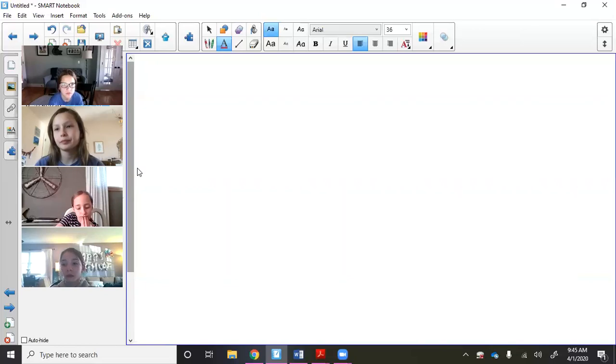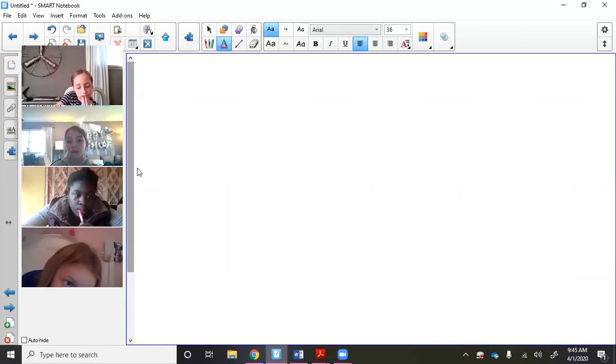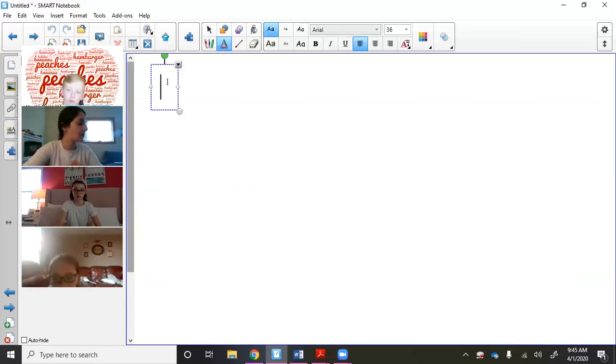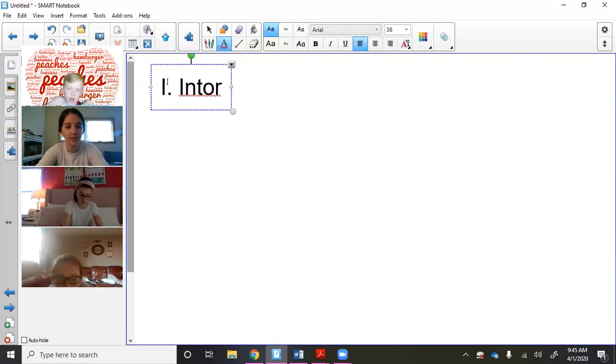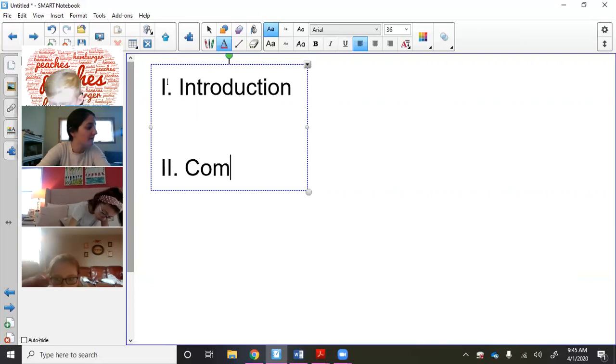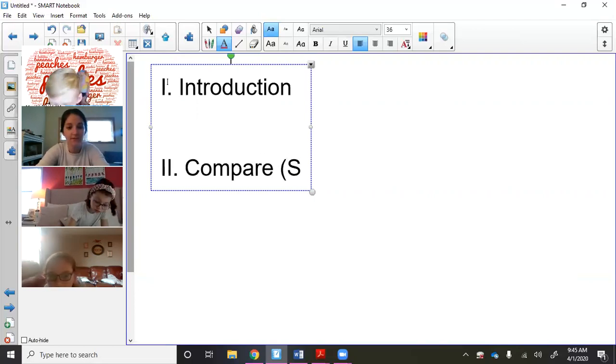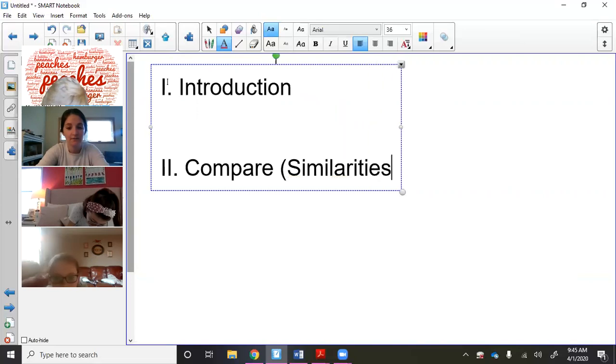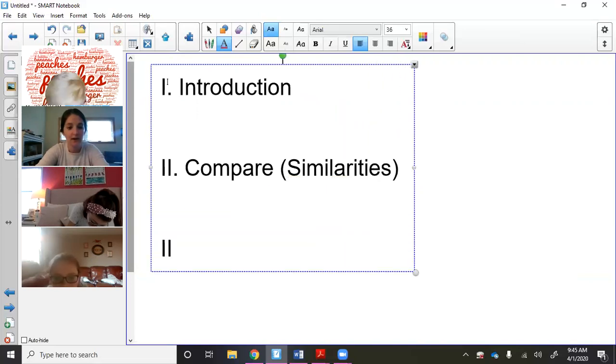I'm okay with you just writing a general outline, okay? So let's write that out. Looking at that first one, I'll show you the general outline here. So introduction, and this is for yourself. And you're going to have compare, so the similarities. And then you're going to have contrast, the differences.